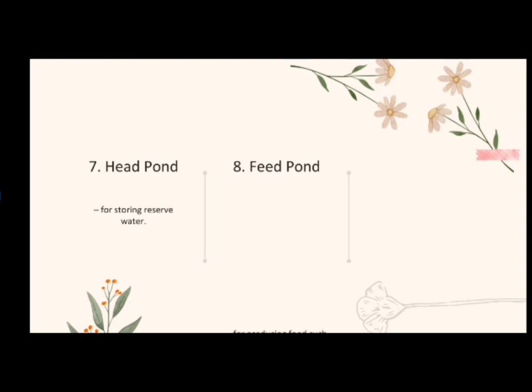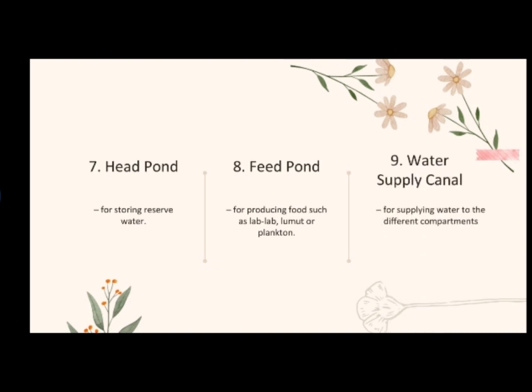Feed pond is for producing food such as lablab, lumot, or plankton. So karon na kaayo no feed mo produce og food aron makaon sa mga isda. Water supply canal is for supplying water to the different compartments.